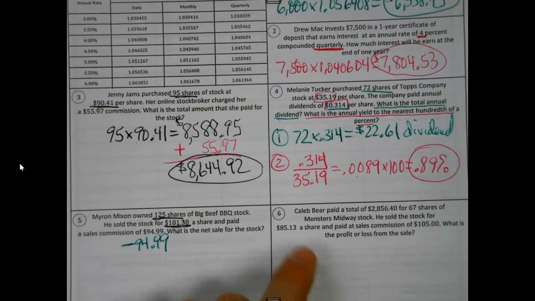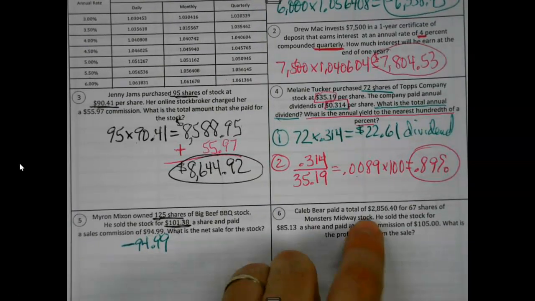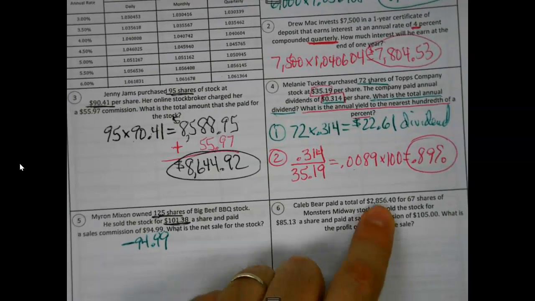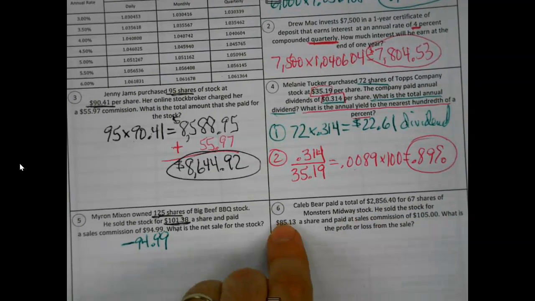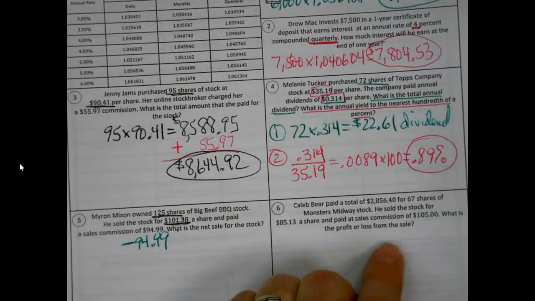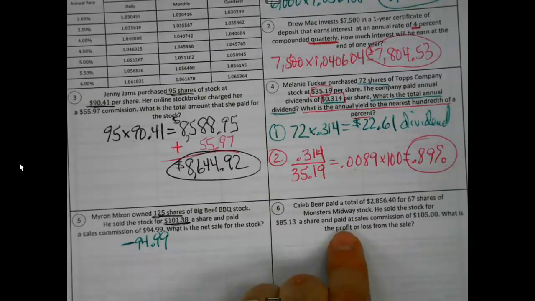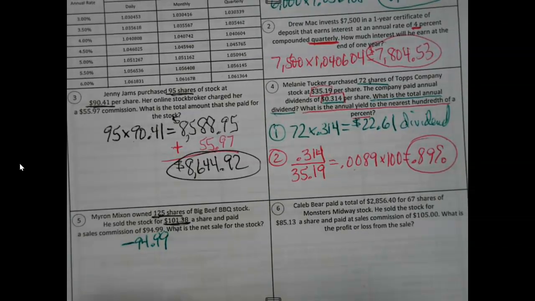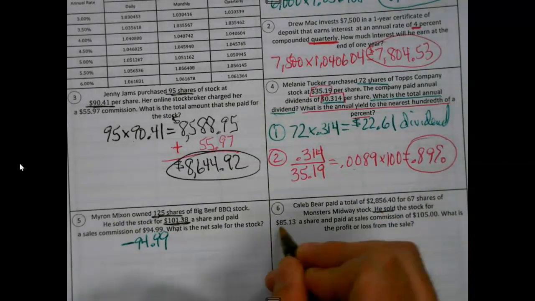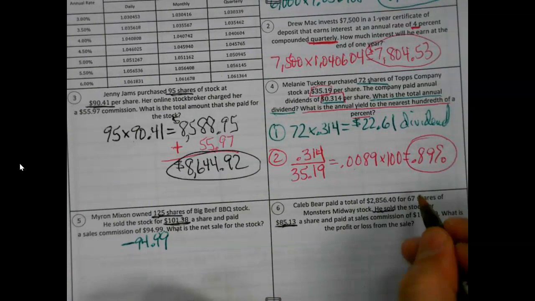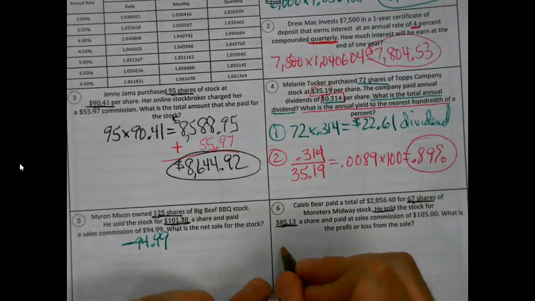But here's the difference and why I'll do 6, even though I'm not doing 5. Here we got a lot more info. Here's what I paid for my shares originally. Here's what I sold it for. Here's a commission. There's lots at play here. So what's the profit or loss? Okay, so let's see. When I sold for $85.13 a share, I sold 67 shares.